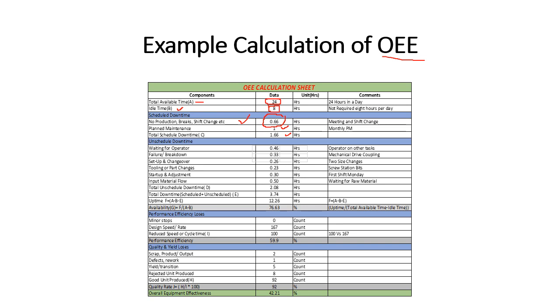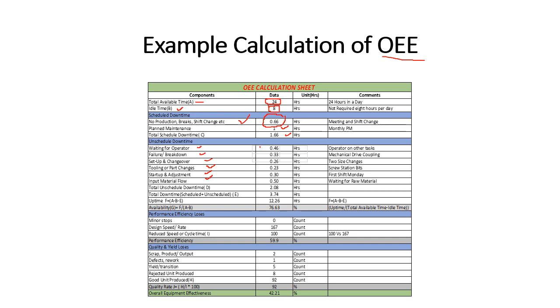Now there may be numerous unscheduled downtimes, which may be waiting for the operator, which may be failure or breakdown, which may be setup or changeover, or maybe tooling or part change, setup adjustment, input material flow.